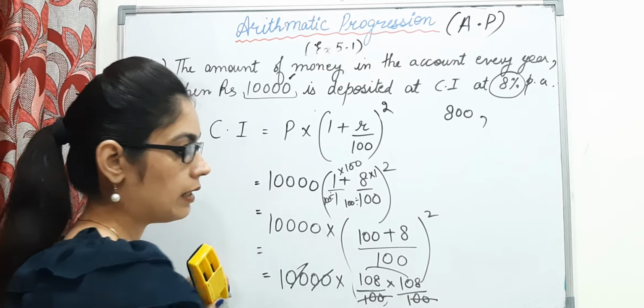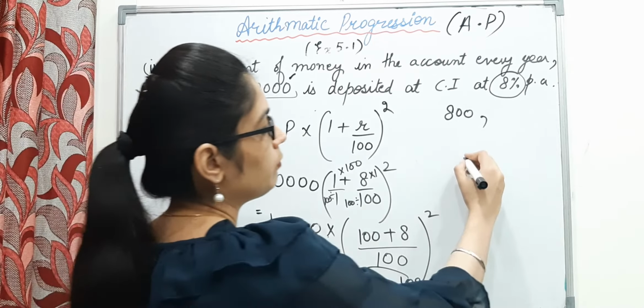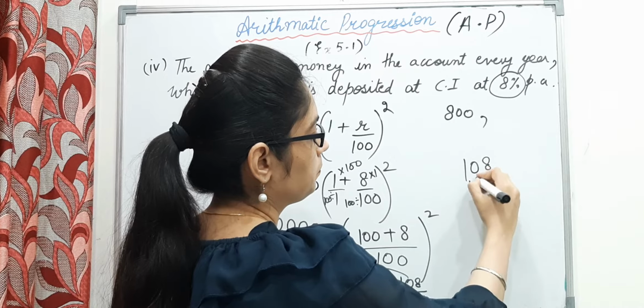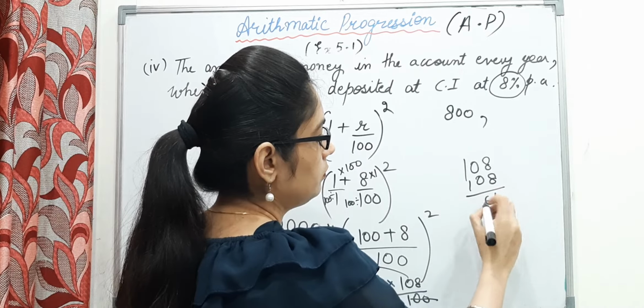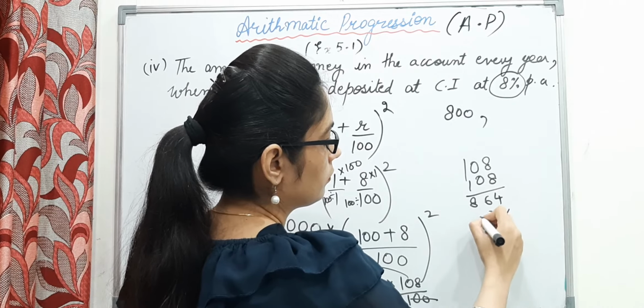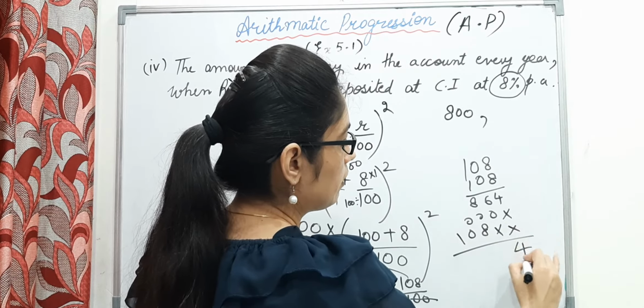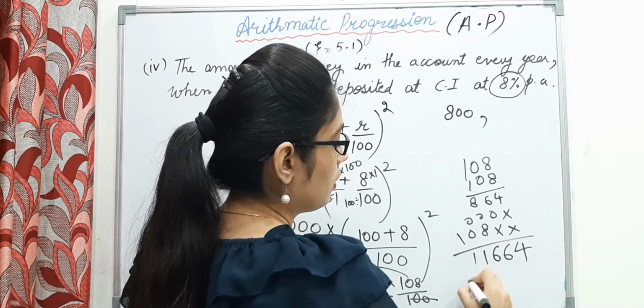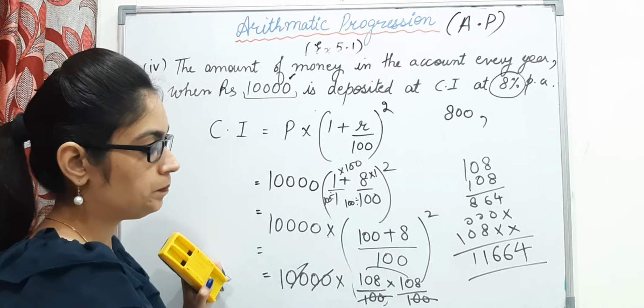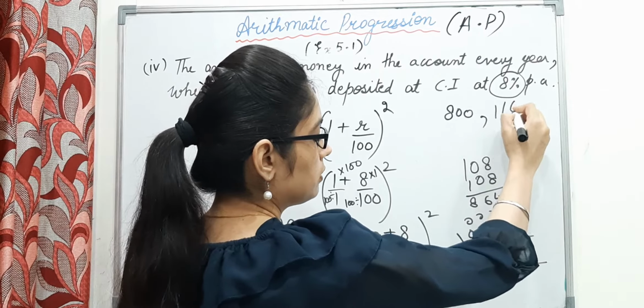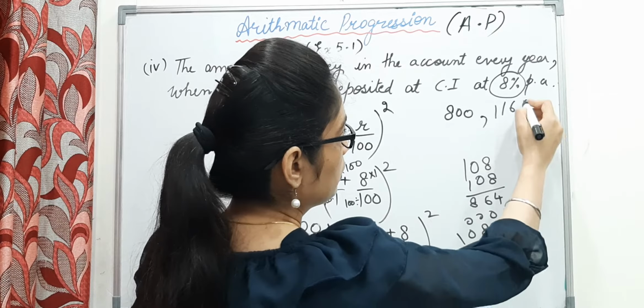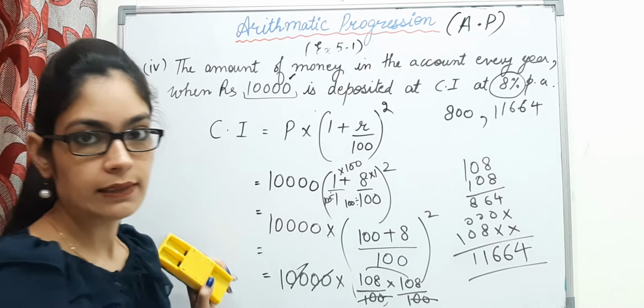So we are left with 108 into 108, that we can multiply and find it out. So after multiplying, we are getting this as our second term, 116,604. So this is our second term.